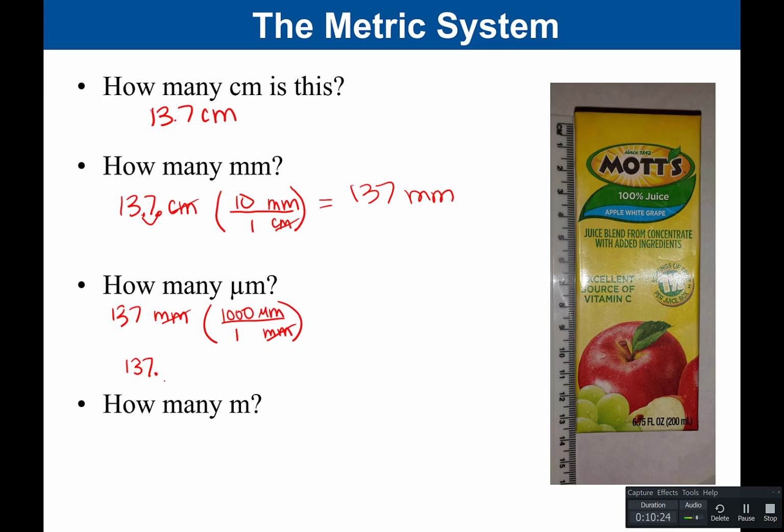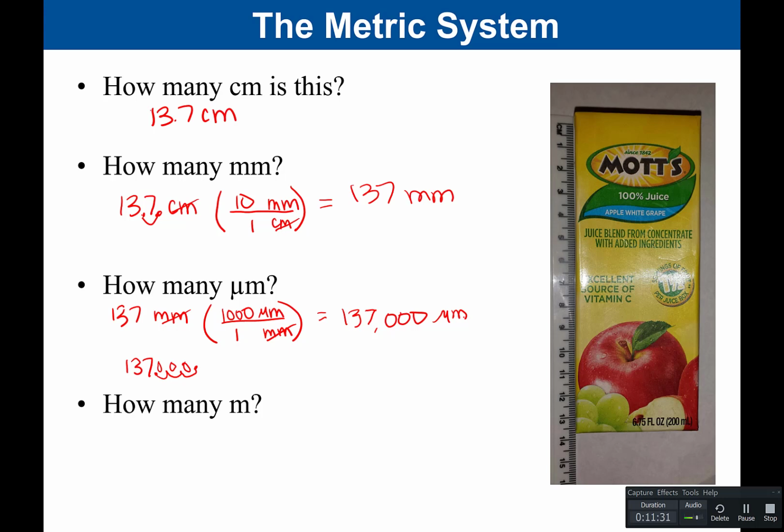So I make myself loops to help keep track. 1, 2, 3. My decimal point's going to go here. Each one of these little slots gets a 0. So my answer is going to be 137,000 micrometers.